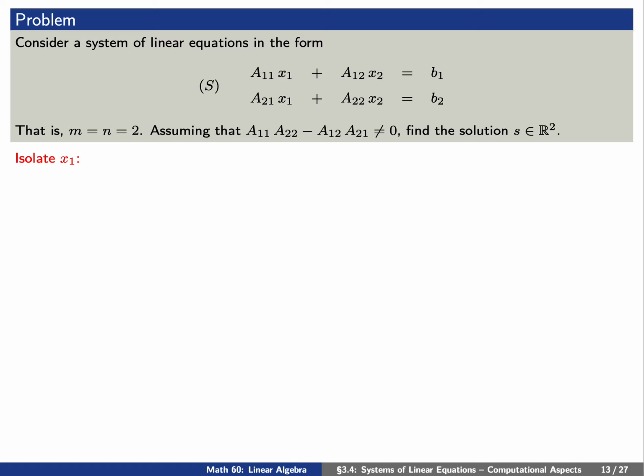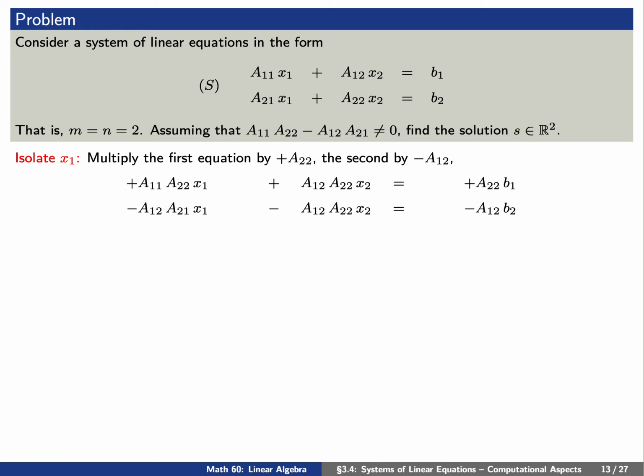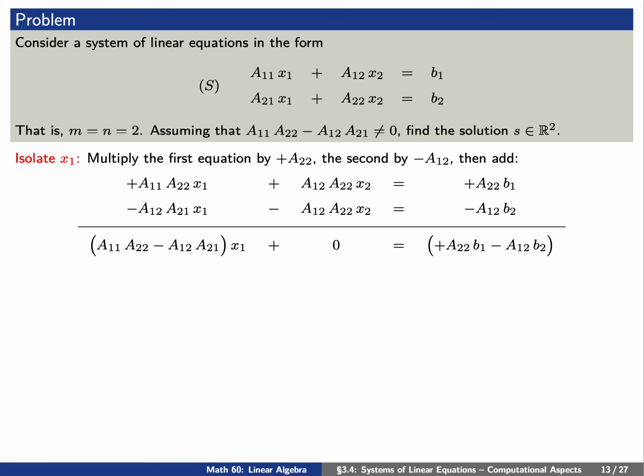To do so, first, we'll try to isolate the variable x1 so we can solve for it. Let's multiply the first equation by A22, multiply the second by negative A12, and then add the two equations together. You see here that we've eliminated x2 from our system, so now we have a single equation involving just x1 alone.